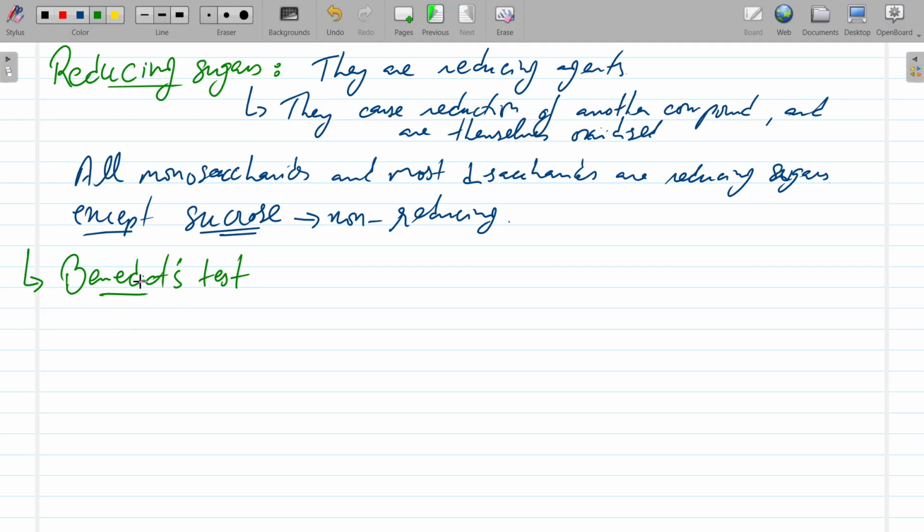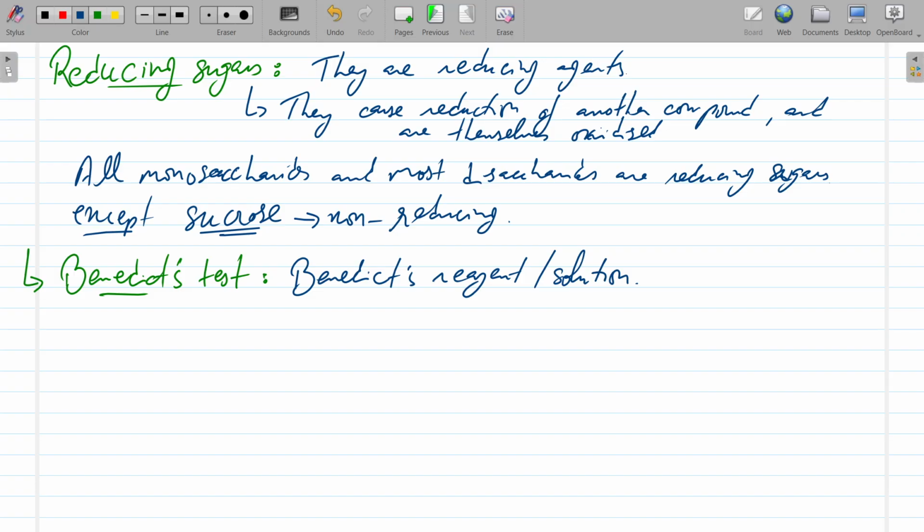Obviously Benedict is a person's name, and because it's named after a person, what we use is Benedict's reagent, Benedict's solution. Now the detail of the test that I'll be going over, I'll take that from the Cambridge book, because it is much better explained over there. Okay.